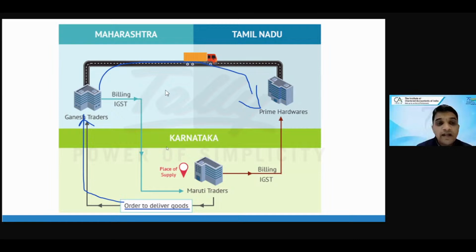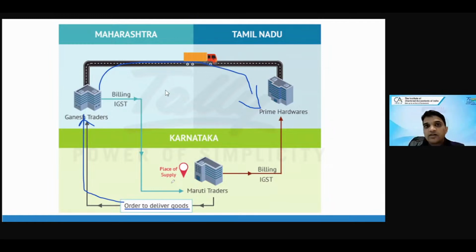So the place of supply in this case, this is billed to one person and shipped to another person. In case of bill to and ship to, the place of supply will not be the Prime Hardware's location. The place of supply will be the place of the person on whose instructions I'm shipping it.